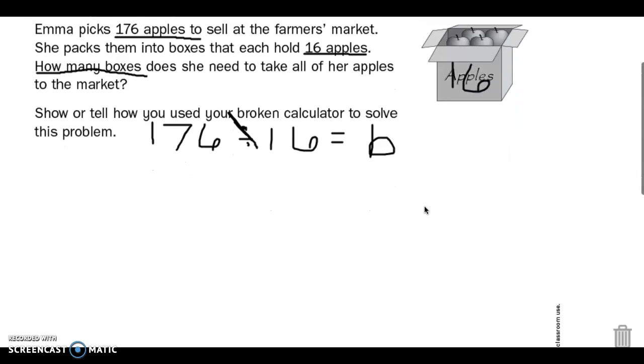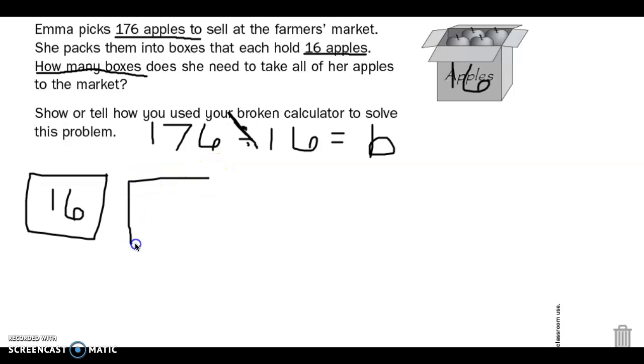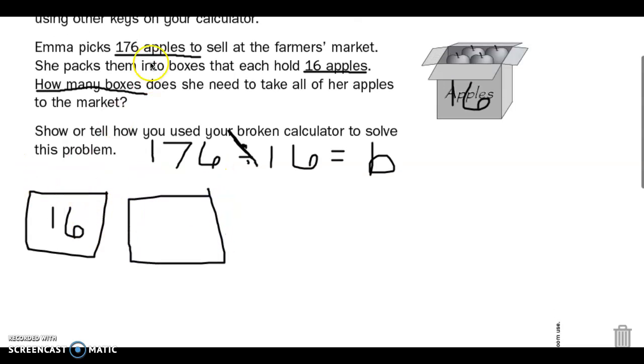Okay. Now, how would I find this out without division? Well, let's say I drew one box and I put 16 apples in it because I know that each box has 16. Well, then I would just add another box, right? Because 16 is not 176 yet, and that's what we need to get to. So I'd have 16 and 16. Well, how would I figure out how many boxes I need to draw?